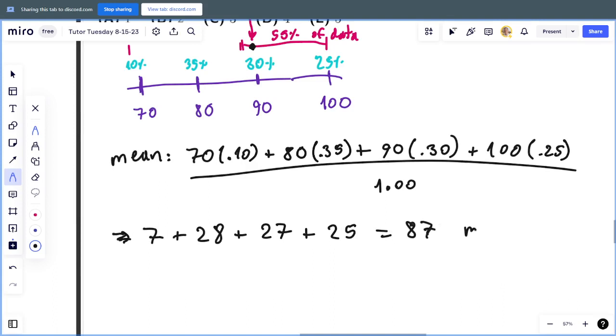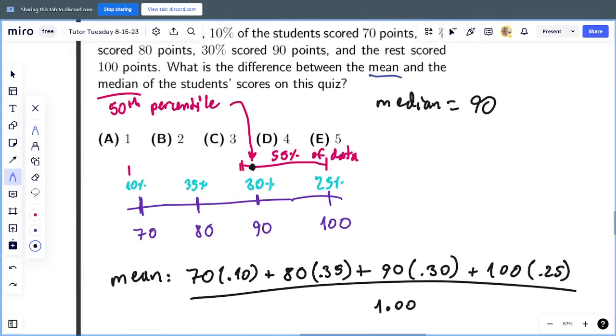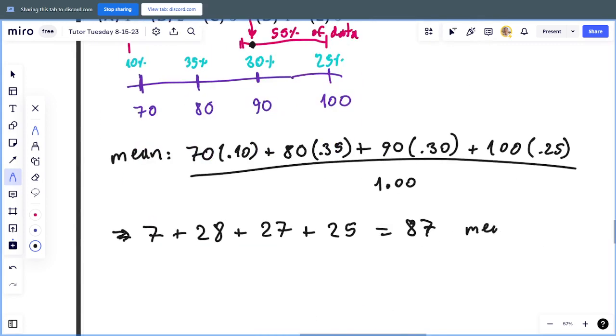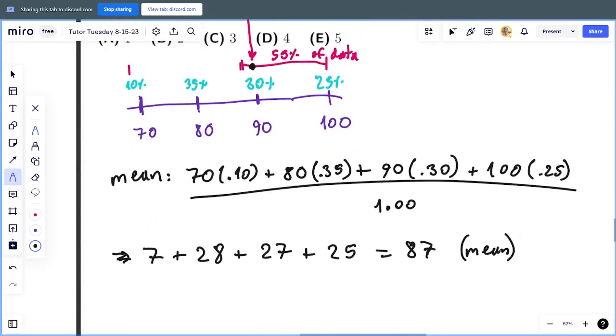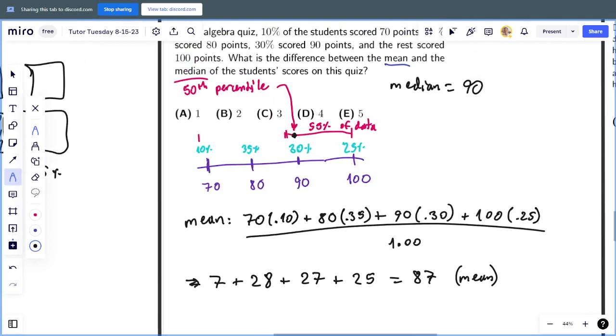The mean is 87. So when you're asked to find the difference, you're going to take 90 minus 87 equals 3. That would be answer choice C.